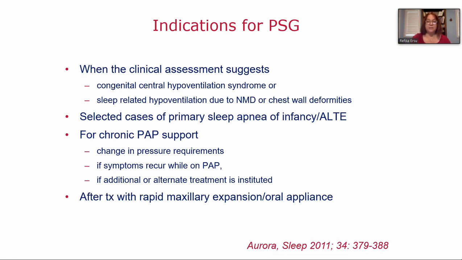There is, of course, the genetic diagnosis as well. And then if we think there is hypoventilation or sleep disordered breathing in a child with neuromuscular disease and chest wall deformities. Some selected cases of primary sleep apnea of infancy, now called BRUE, previously called ALTE cases. If we suspect obstructive sleep apnea, then it's indicated.